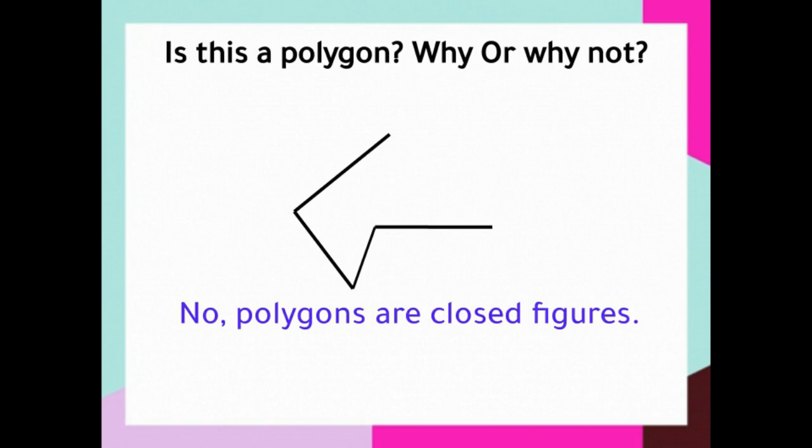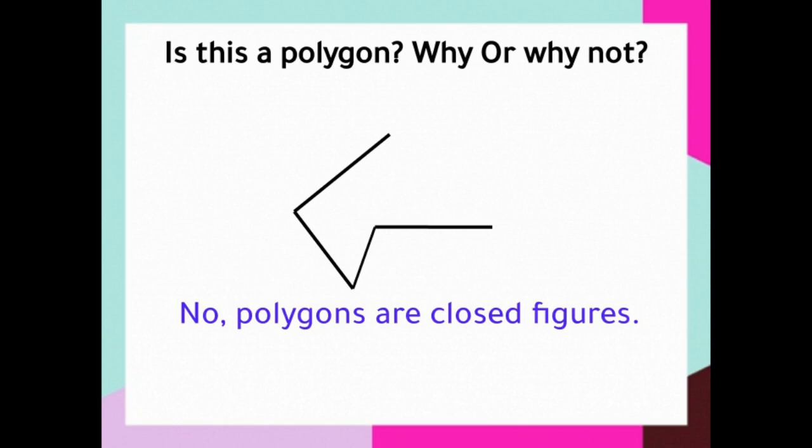Now it's time to check your knowledge. Are you ready, children? Yes. Start. Is this a polygon? Why or why not? Look at the figure carefully. The figure is made up of only line segments, but it is not closed.